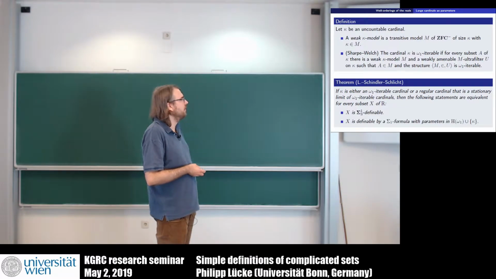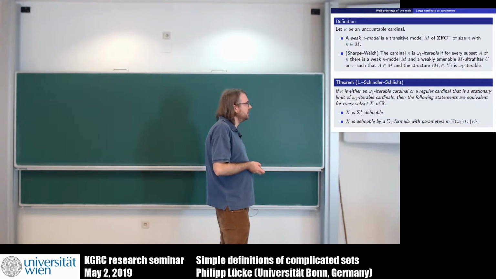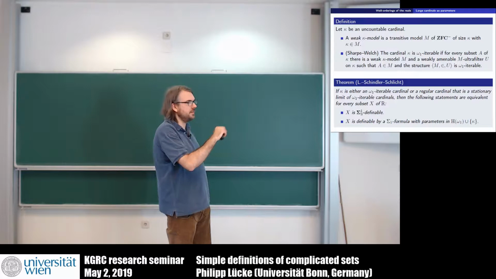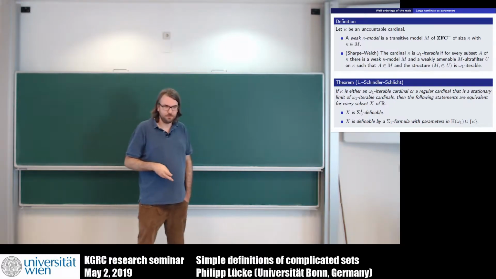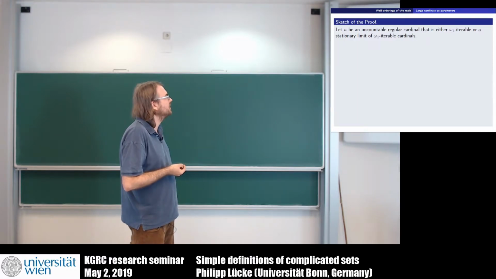Something is Sigma^1_3 if and only if it's Sigma 1 definable with parameters the large cardinal and elements of H(omega_1). And the proof is really the same proof as earlier on.